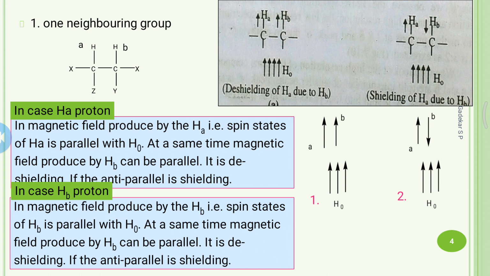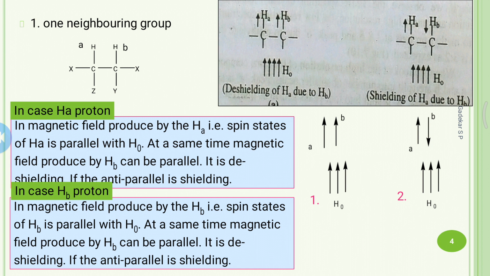This is difficult to understand, but remember that when A interacts with B, it generates a magnetic field. If they are parallel, it is de-shielding.